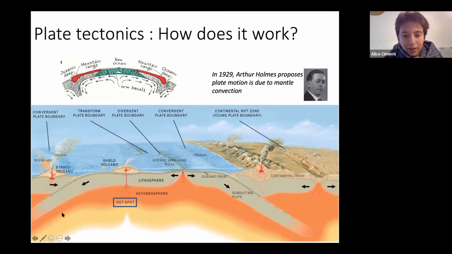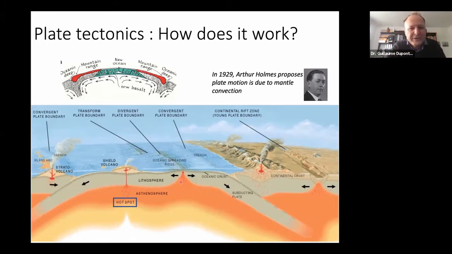Basaltic magma will just go out thanks to this thinning of the crust, and the plates are spreading. Yeah, they are spreading, so it's called a spreading ridge. Divergent. Yeah.